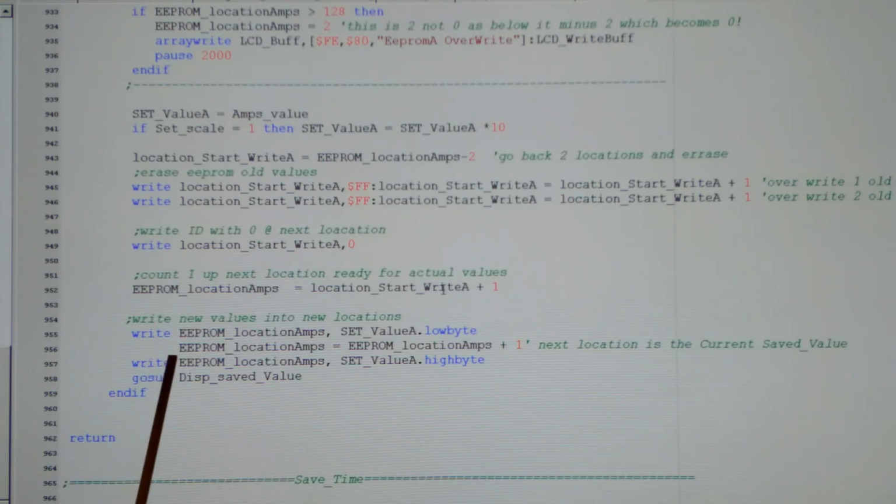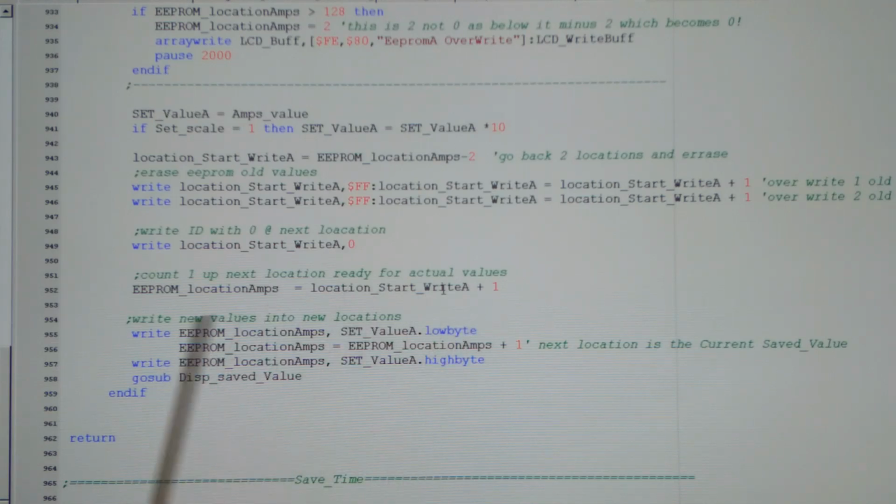And I'm going to write now. I'm going to write the first byte of the location into the location, I should say. Write EEPROM location amps, which is being changed there, telling it which location it is, and put the first byte, so the low byte of the set value of the amps.